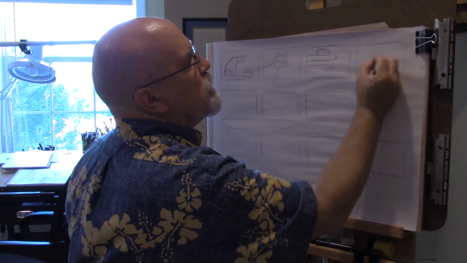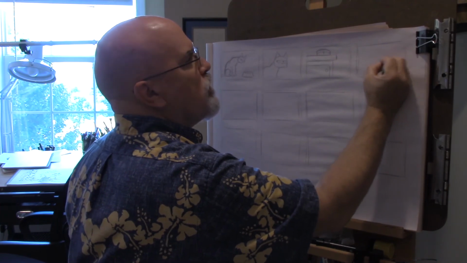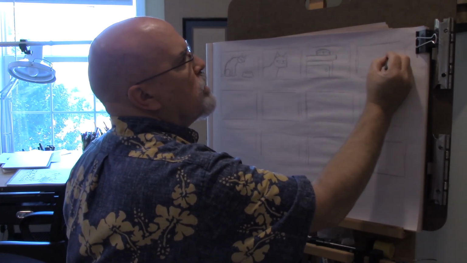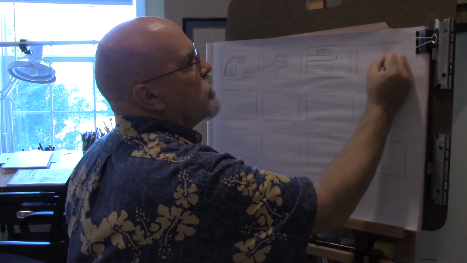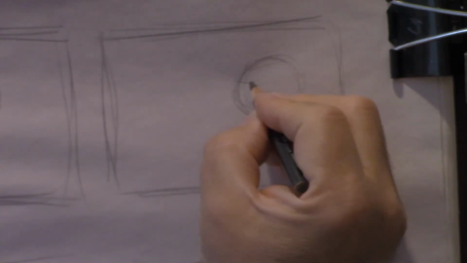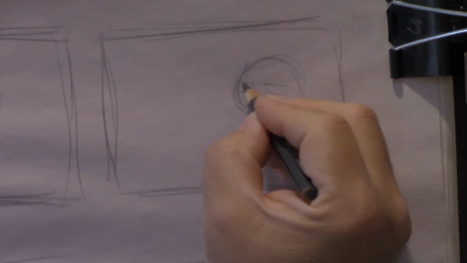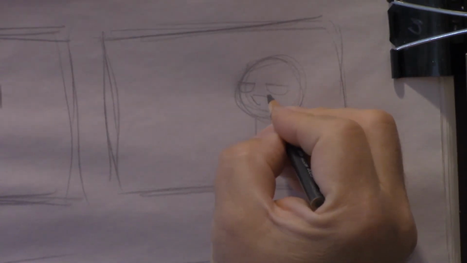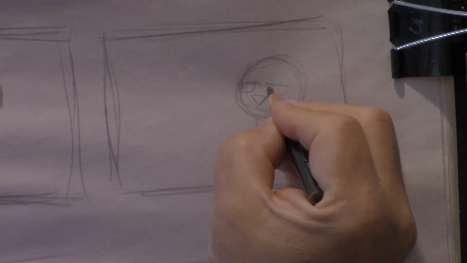So I'm going to have the next panel, another medium shot right here. The cat, his head's going to be this way. He's going to be looking, again, it's kind of the same expression. He's going to have this expression a lot.